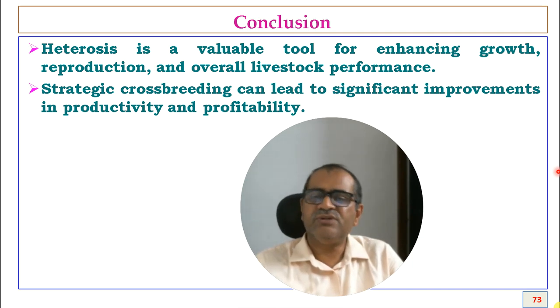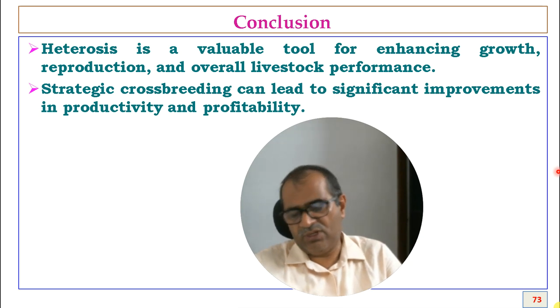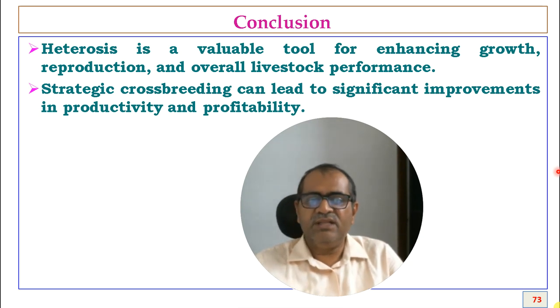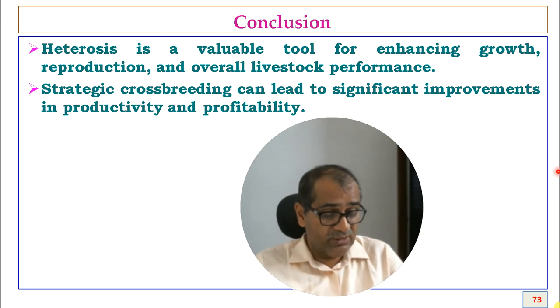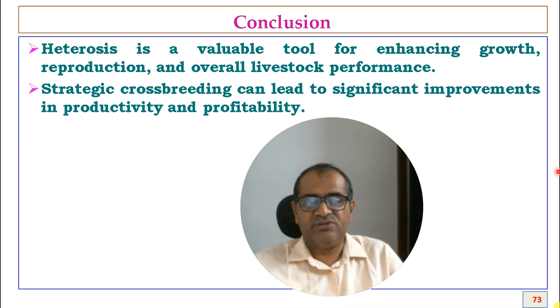So we need a strategic crossbreeding program. This has led to significant improvement in productivity, especially milk productivity and meat productivity in sheep and goat, and broiler productivity. So these are very well established things, especially using heterosis.